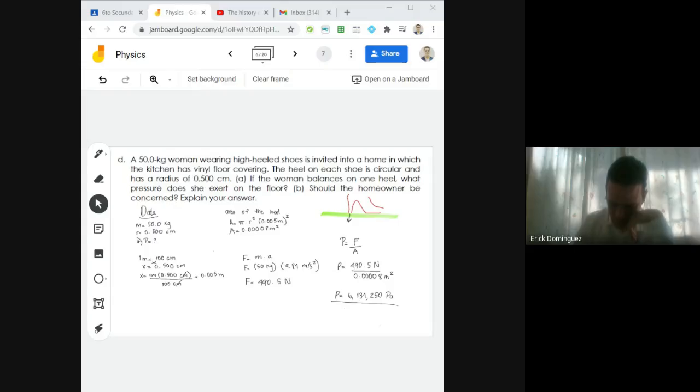So this is how we solve part A. And part B: only concerned if the pressure of the heel is greater than the pressure that the floor can handle, right? That would be like, yes, I should be concerned if that's the case. Well, I don't know. So that's kind of another type of exercise. But B is just asking you, plain and simple.